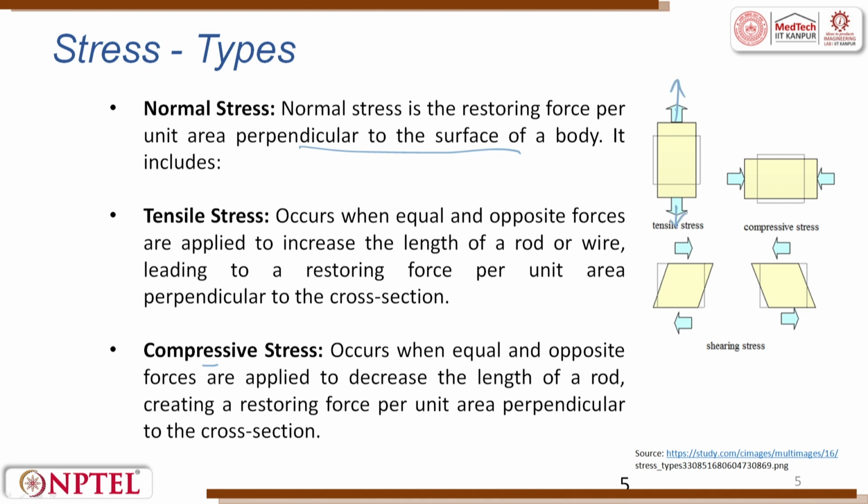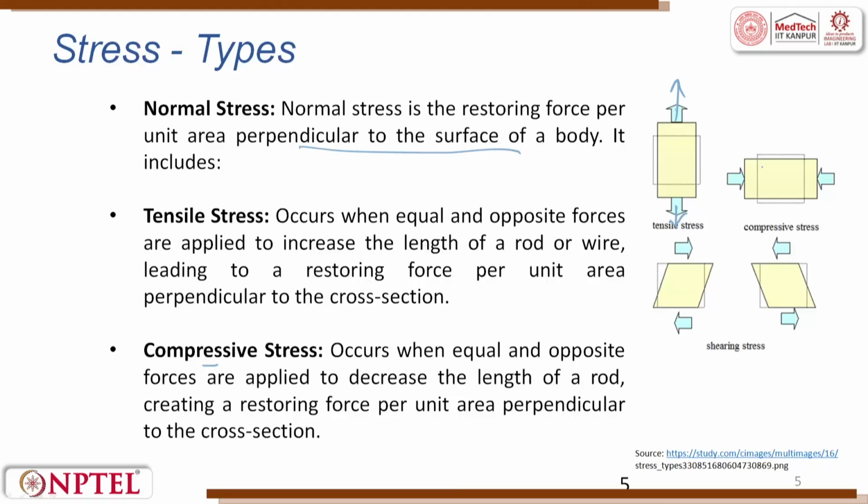For example, you try to pull a spring, that is tensile. Or when you do gym exercise, you hold your body to a hook and then you do vertical push-ups. So, here it is tensile.